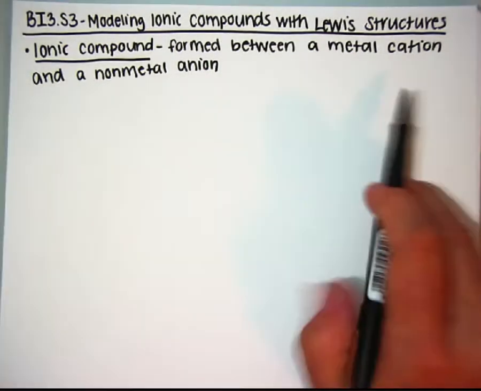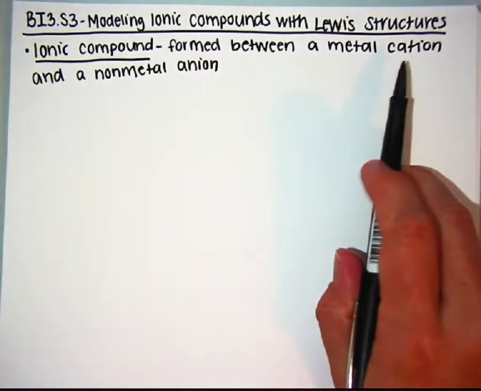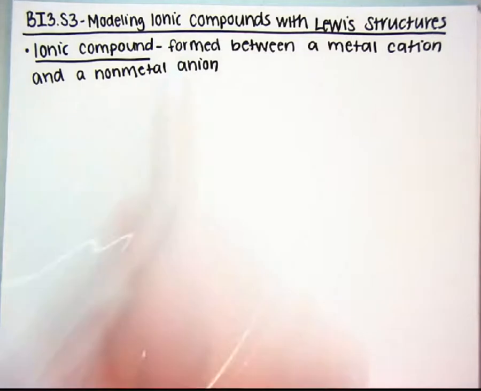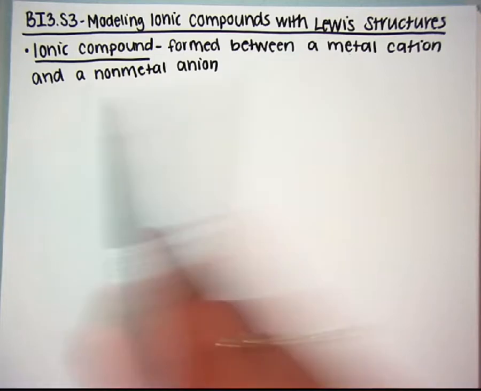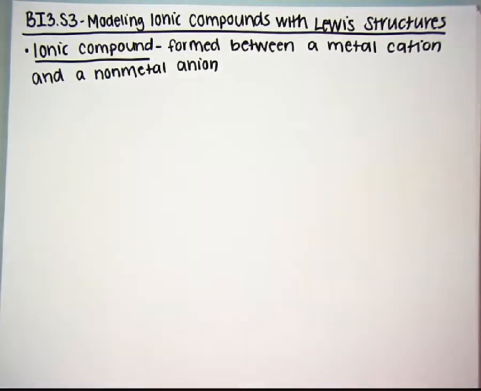Remember that cations are positively charged and anions are negatively charged. So ionic compounds are going to be formed between a positive ion and a negative ion. We can also say that they're formed between one metal and one non-metal.